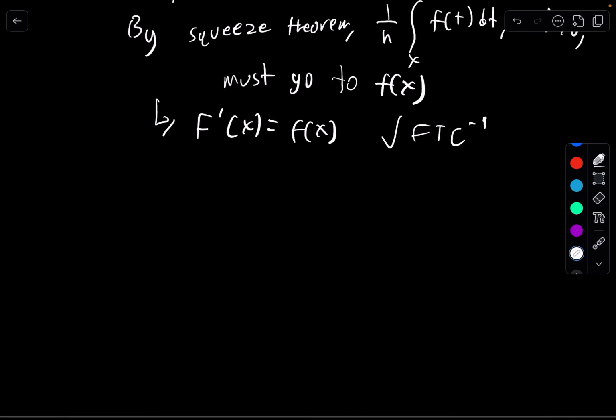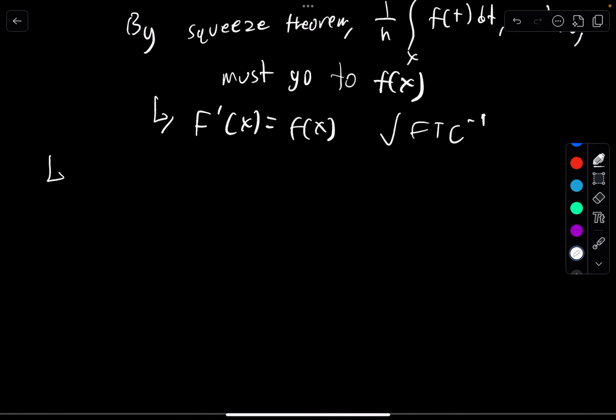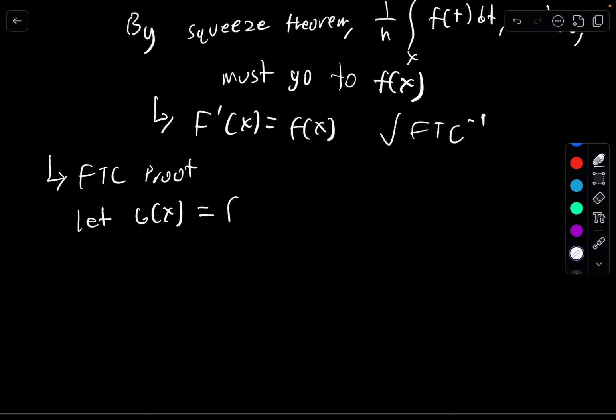Okay, so now we're going to prove FTC. And you're going to see why we needed to prove FTC inverse. So we're going to let g of x equal the integral from a to x of f prime of t dt.